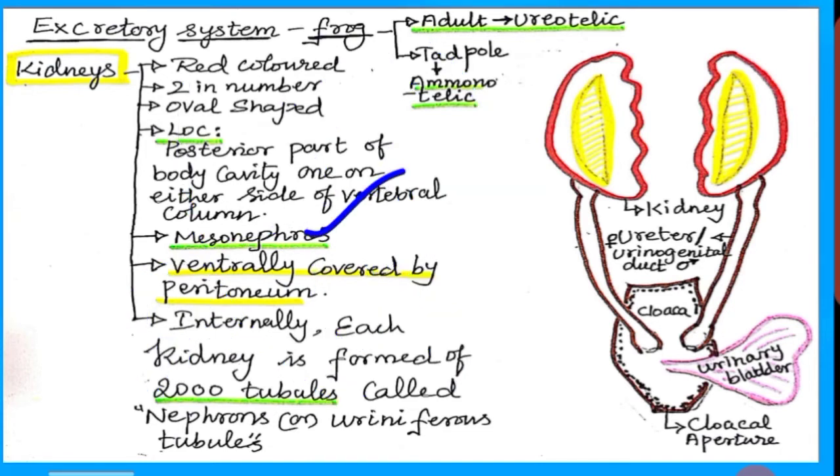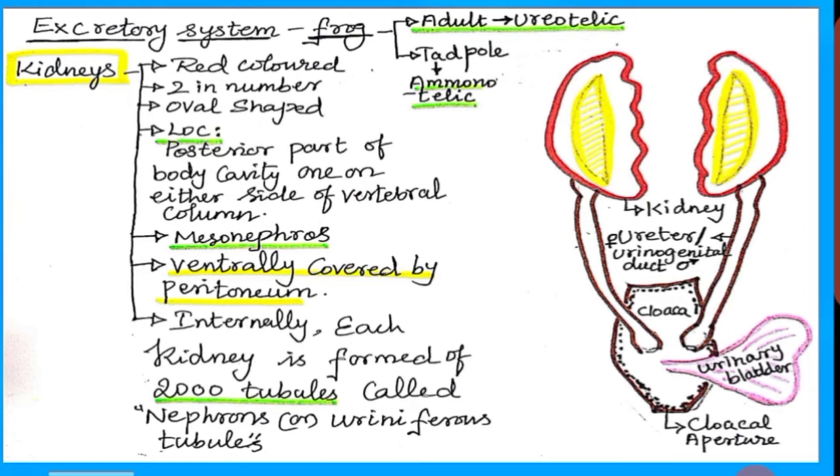It is a mesonephric kidney. In the animal kingdom lesson, I explained pronephric, mesonephric and metanephric kidney. If you want to refer, please refer to that video once again. So frog kidney is actually a mesonephric kidney.